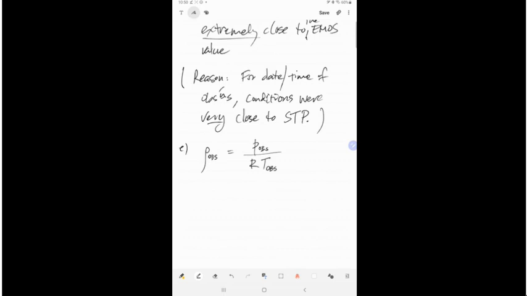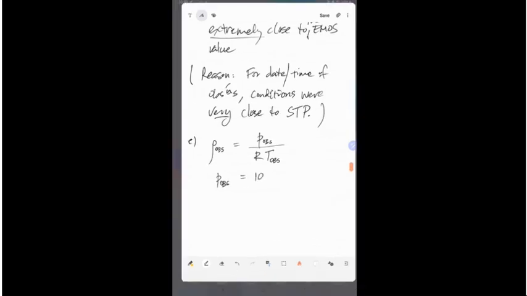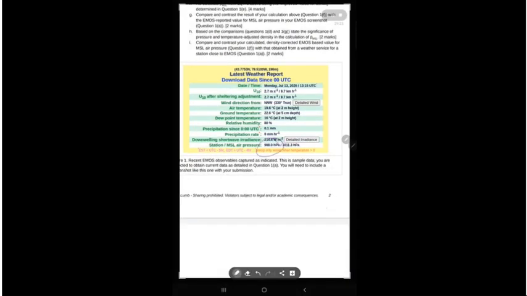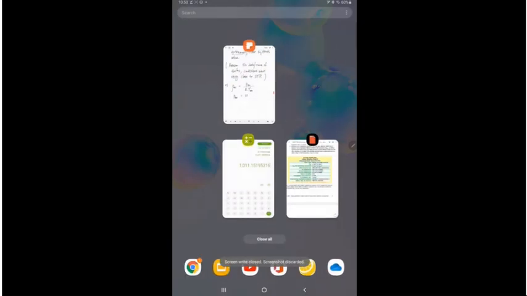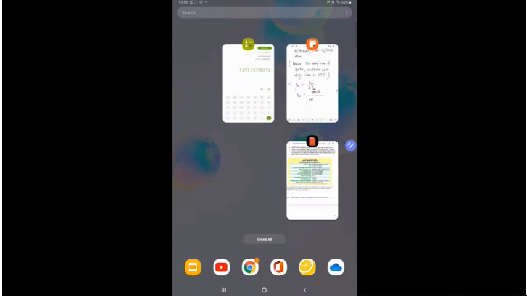Okay, so P observed again is our 1,000, oops, hang on a second. No, it isn't. P observed is in fact this value here, the 988.0 hectopascals divided by R, and R is a constant which is valued at 287.